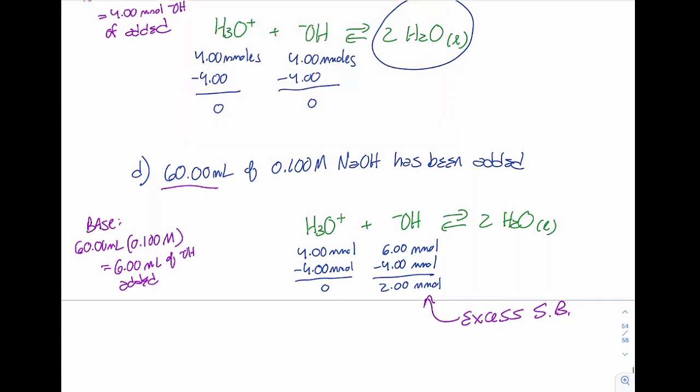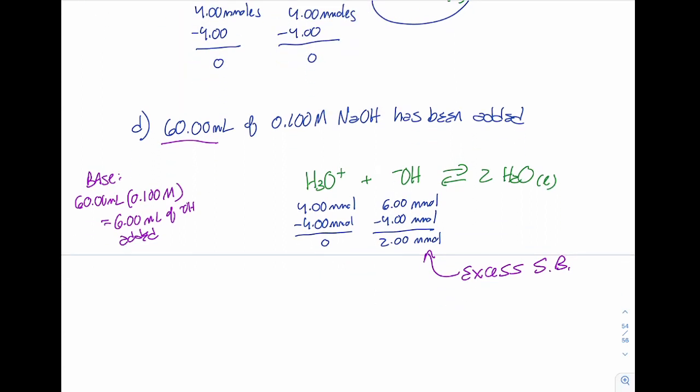Again, I do need concentration, however, so I need to divide my 2 millimoles by my total volume, right? Concentration is millimoles over milliliters. So we started out with 40 milliliters, right? That was in our flask to begin with. I've added 60 milliliters from the burette to it.